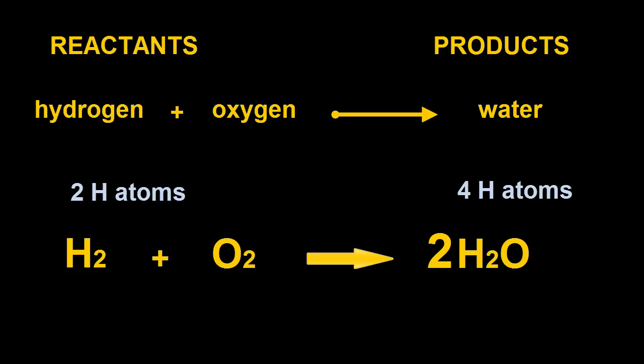By balancing the oxygen atoms, we have frustratingly unbalanced the hydrogen atoms. No sweat. We can change the number in front of the H2 molecule to 2, which means that there are 4 hydrogen atoms on the left-hand side also.